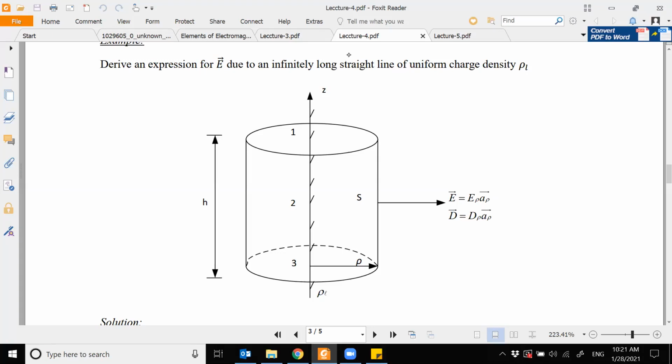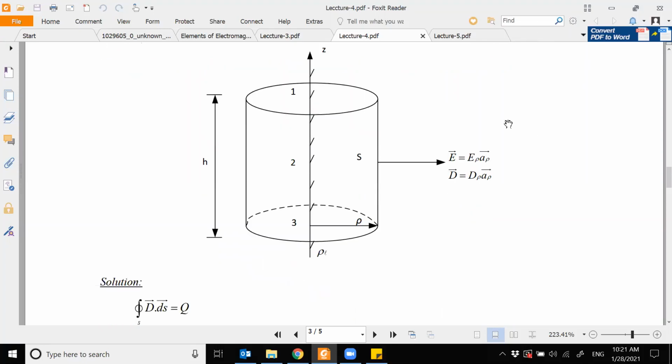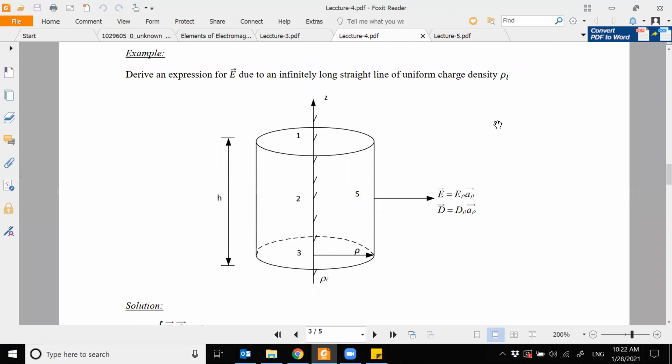Because it's a line and the field will be going away in this manner, the best one would be the cylindrical coordinates. Once you select cylindrical coordinates, the best Gauss's surface is your cylinder. So this is a closed cylinder.